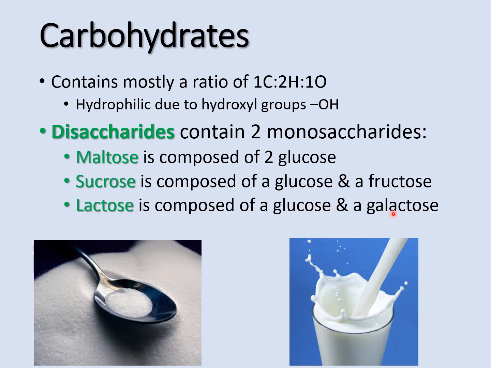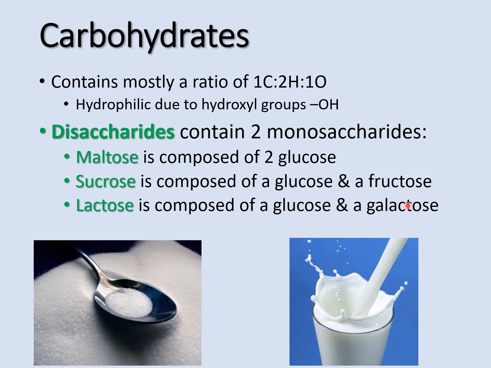Okay? And then sucrose is composed of 1 glucose and 1 fructose. Okay, and sucrose is what you know of as sugar, right? And then lactose is composed of one glucose and one galactose. Okay, and that's what is in milk, right? It's the sugar compound in milk.